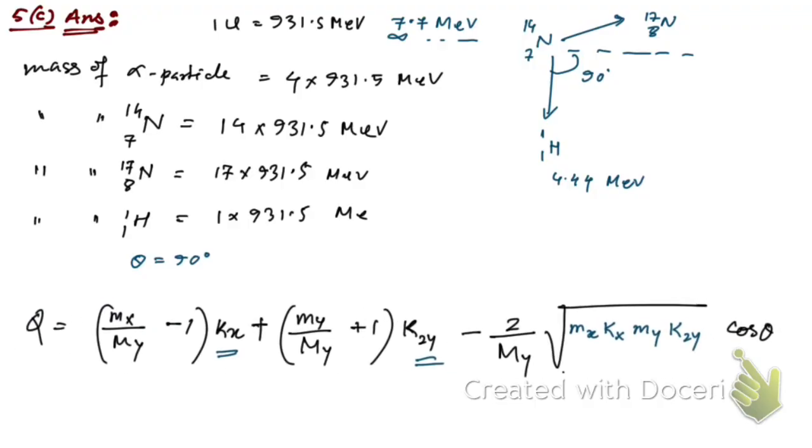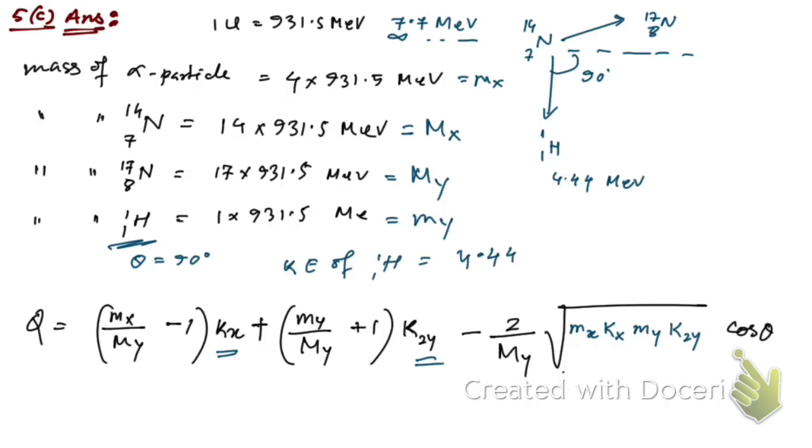In this case, this small mx is the mass of the alpha particle, the particle which strikes the target nucleus. The target nucleus is capital Mx, and the daughter nucleus is capital My, the mass of the daughter nucleus. The mass of the scattered particle is small my, and the kinetic energy of this scattered particle is given in the question as 4.44 MeV.